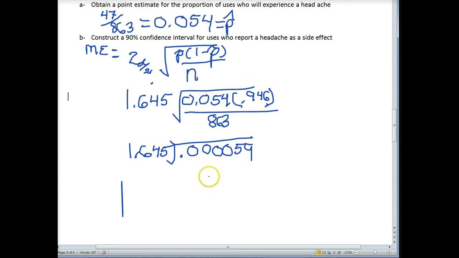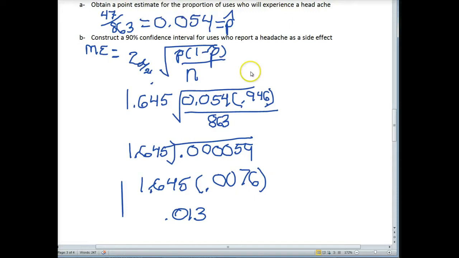Remember, you can do this on your calculator. It's that little button that looks like the check mark. Put the number in first and then the square root symbol. And then I'm going to get the final solution by multiplying by 1.645. I get a margin of error of 0.013.